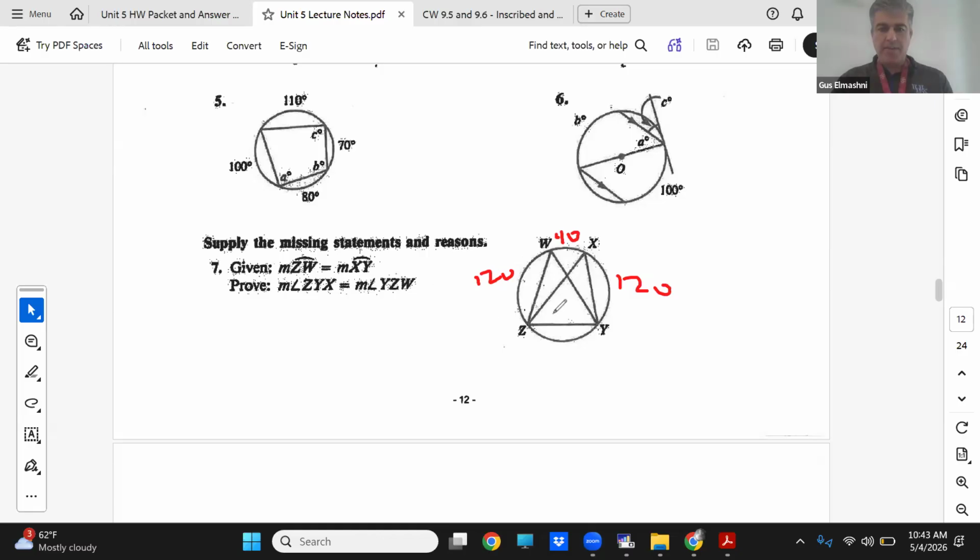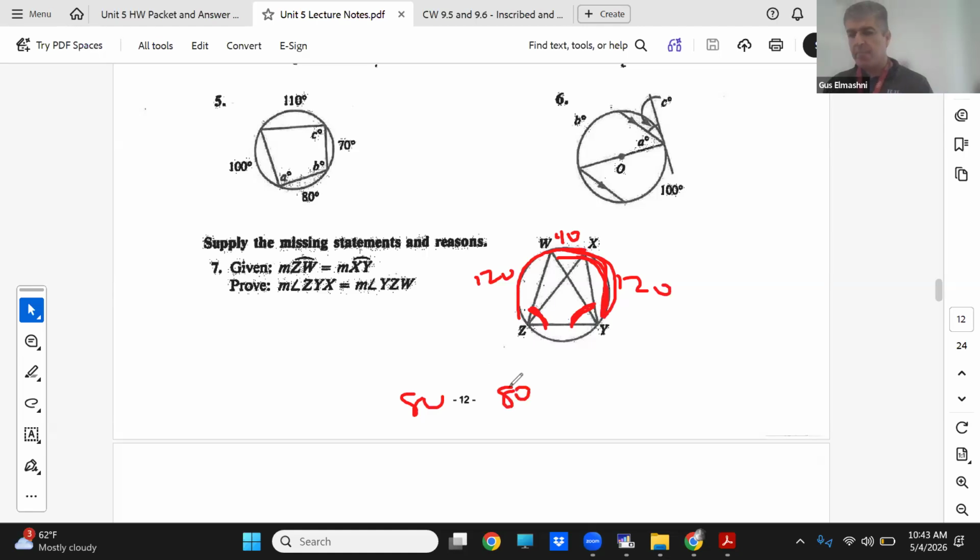ZYX, of course, is going to be half of all this. So that's 80. And YZW has to be half of all this, which is also 80.